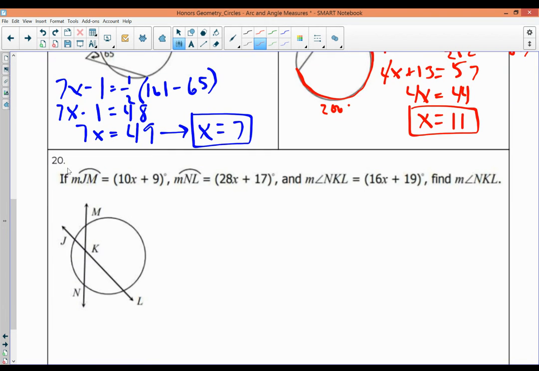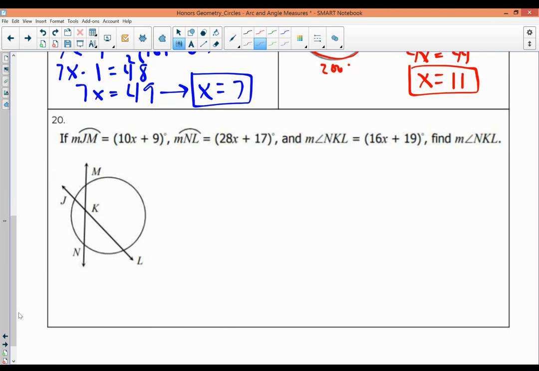All right, and then if the circle isn't labeled, but you're given that verbally. This is also different because we're looking for the measure of the angle in this one rather than just stopping at the value of x. So let's power through.